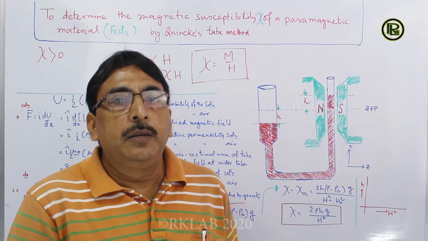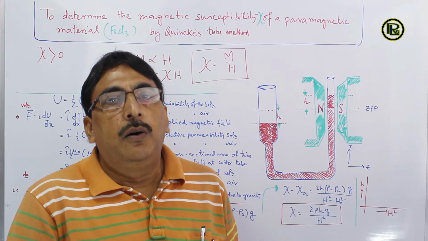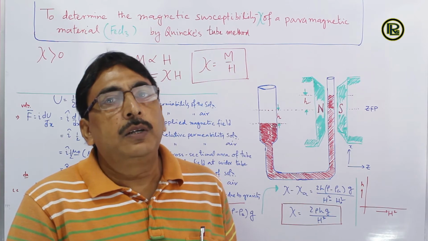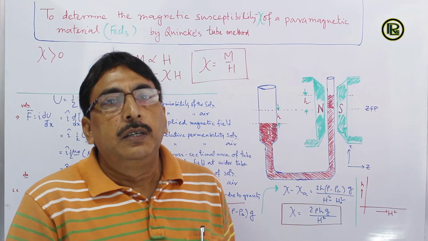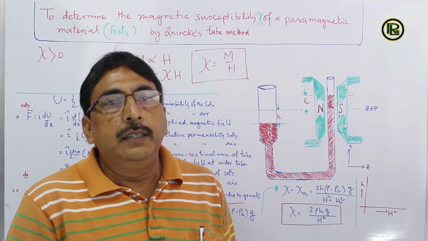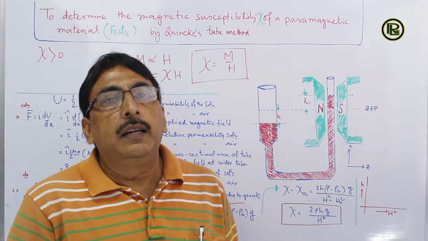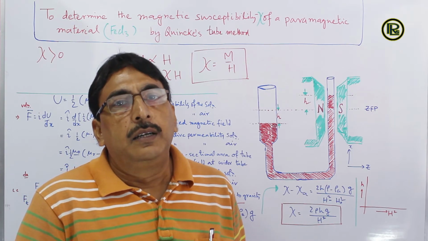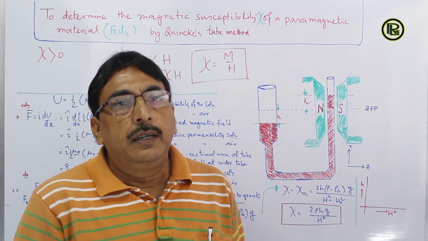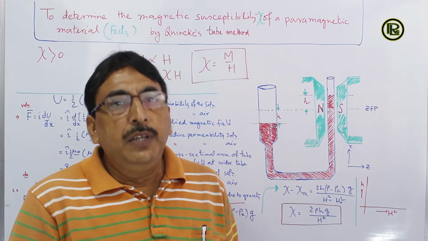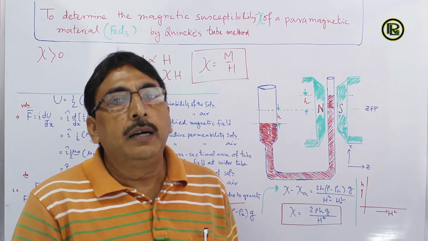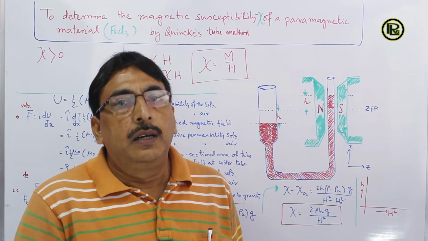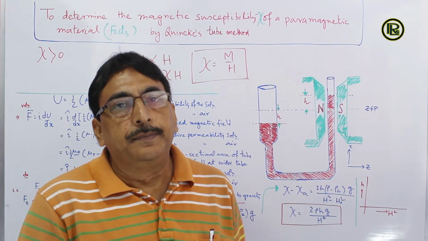So in a paramagnetic material, all the atoms or molecules, which are magnetic dipoles, try to get aligned parallel to the external magnetic field, because that way the system becomes more stable and goes to equilibrium.